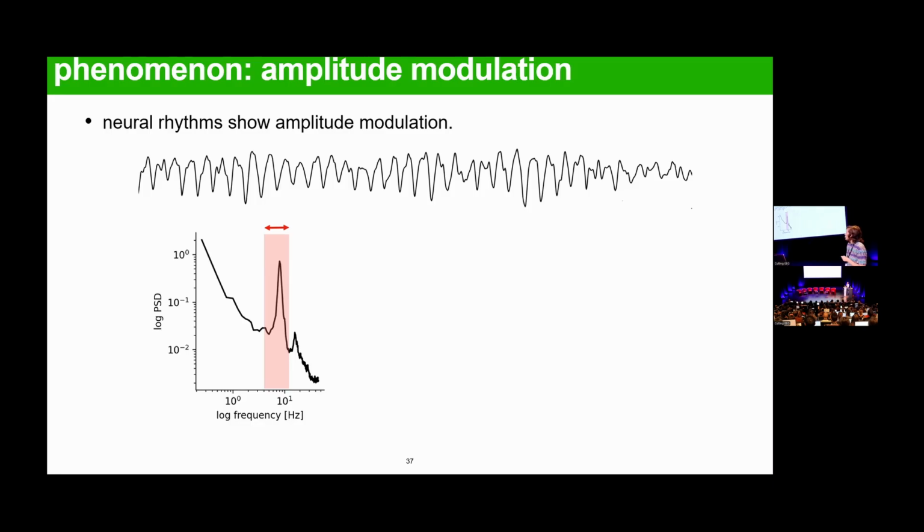And this could be related to the amplitude modulation of oscillatory activity. So you see that the little troughs of the signal also follow a gradual change, like the previous trough and the next trough are kind of correlated in values.